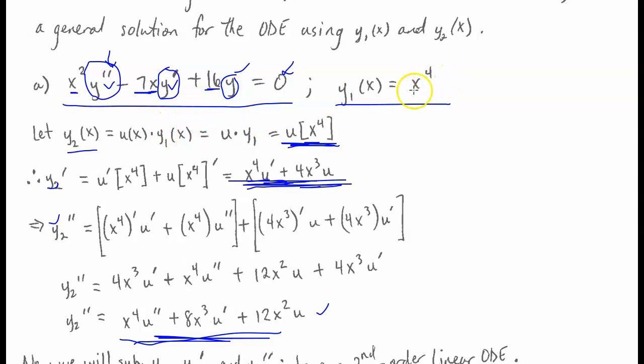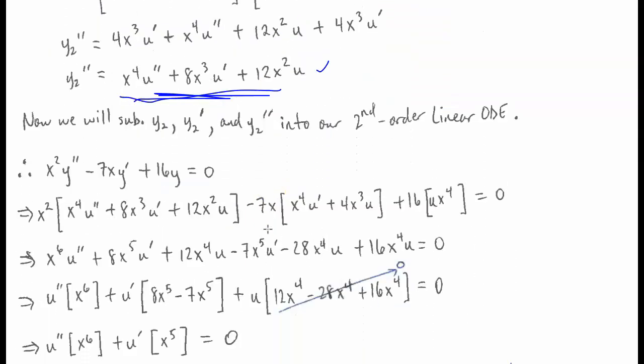We're going to substitute all of that into these equations here. Now, remember that y double prime is going to be y sub 2 double prime, y prime is just going to be y sub 2 prime, and y is now going to be y sub 2, which is just u times x raised to the 4.